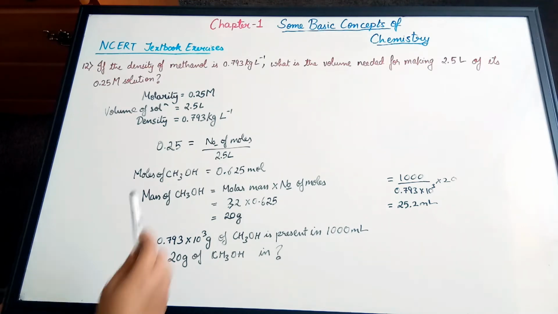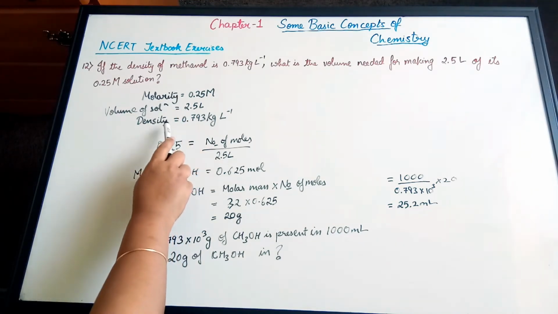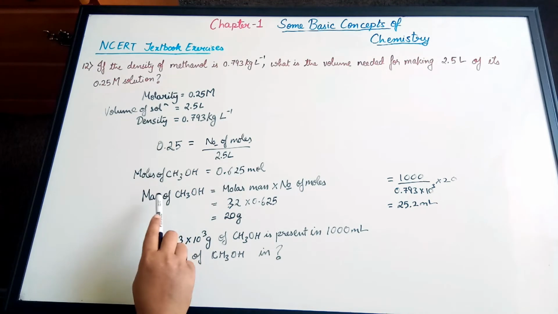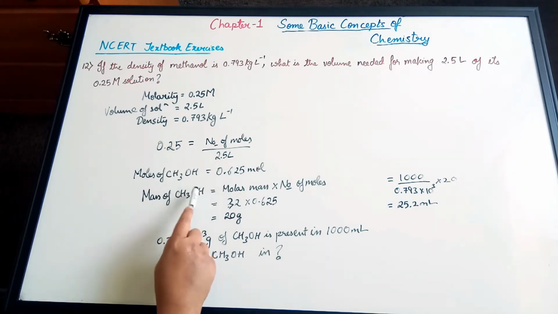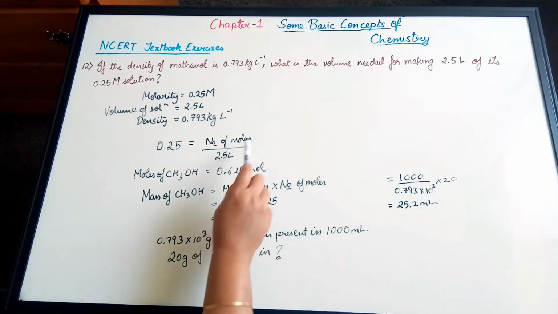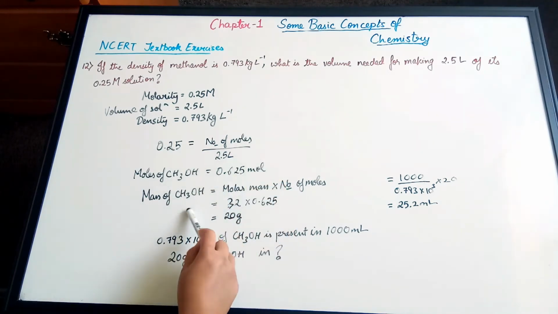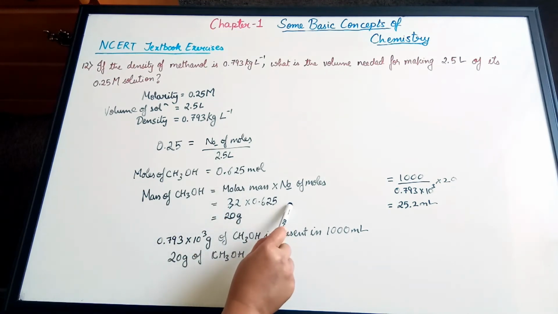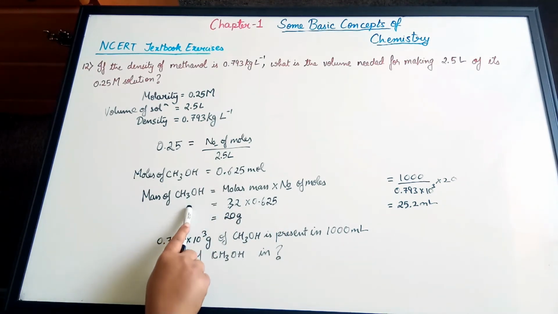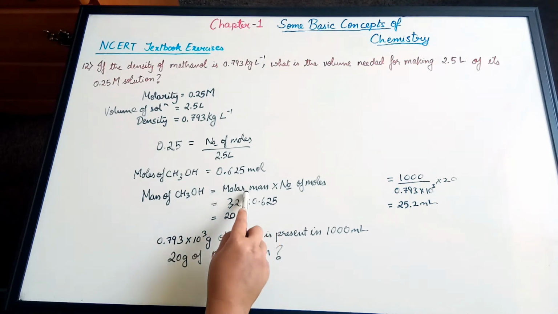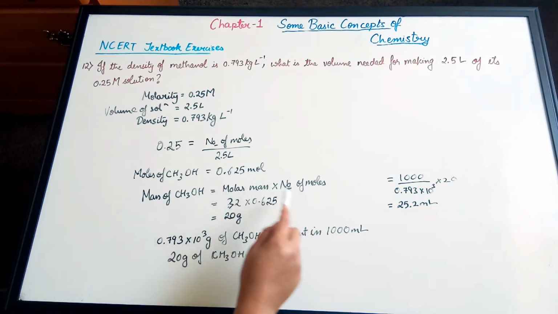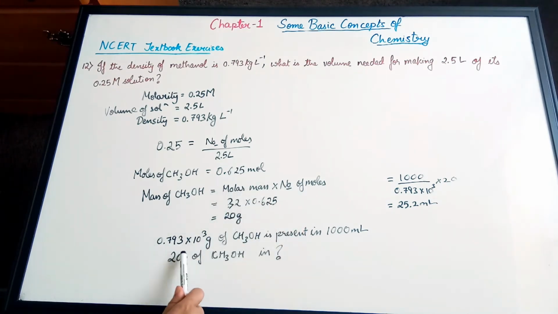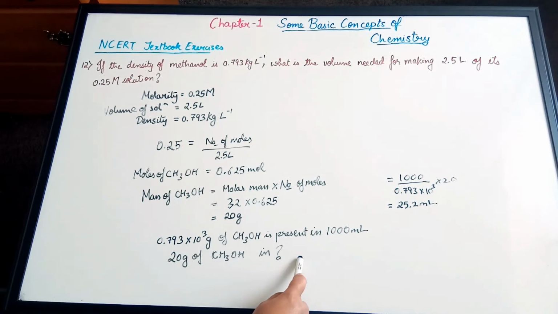So first we were given the molarity and the volume of the solution. From there we were able to calculate the number of moles. Number of moles equals mass divided by the molar mass, that's how we calculate the number of moles. So mass of CH3OH can be calculated as molar mass into the number of moles, and 0.793 into 10 to the power 3 grams of methanol is present in 1000 ml.